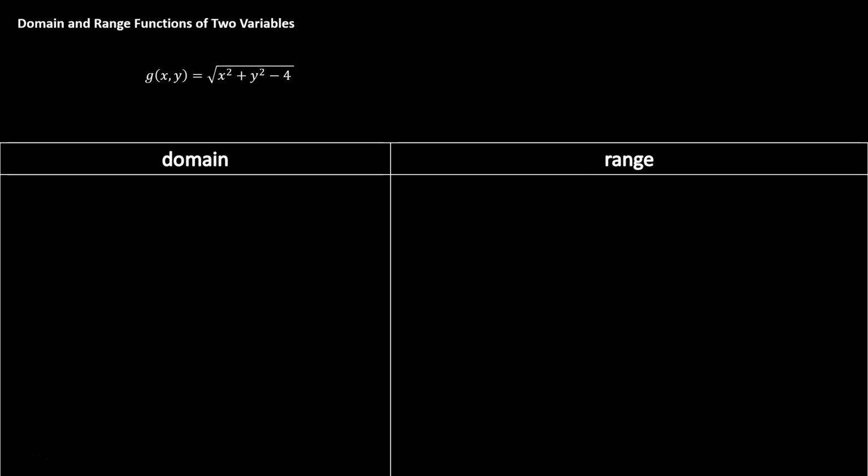We're dealing with a square root function again, but the argument has changed. So this process will be a little similar, but we're going to get a different result. I'll take the argument of my square root and force it to be greater than or equal to 0 to find my domain. Working this inequality until it looks familiar, I end up with a circle centered at the origin with radius 4.